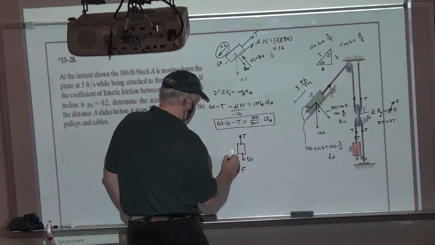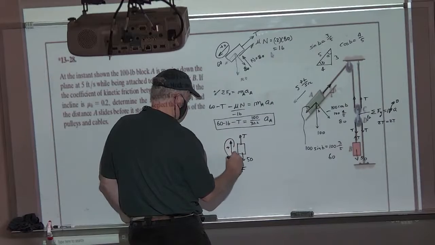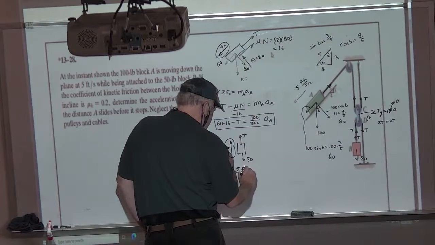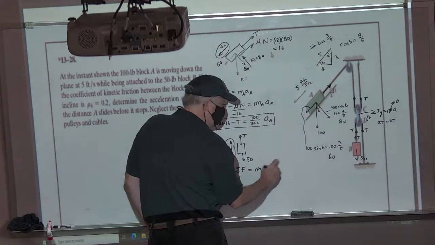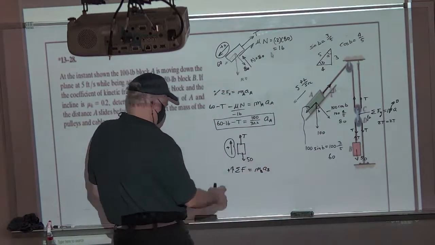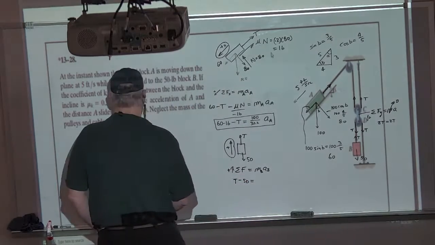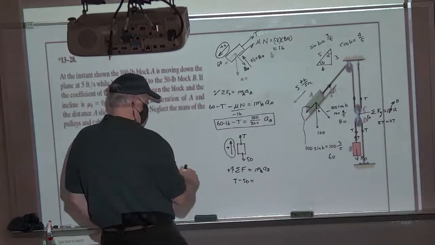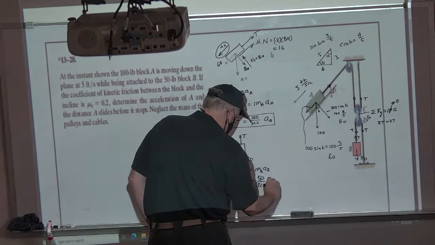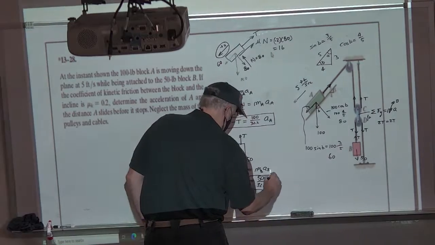Sum of the forces, I'm going to call this positive, equals mass B times acceleration of B. Then I made that positive, so I get tension minus 50 equals the 50-pound block times acceleration of B.